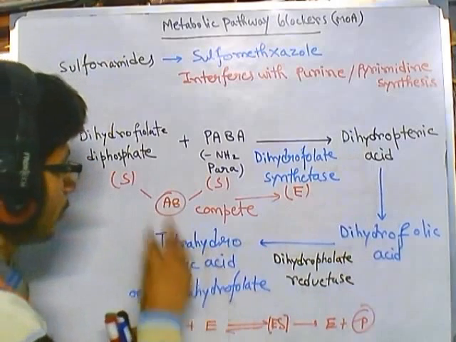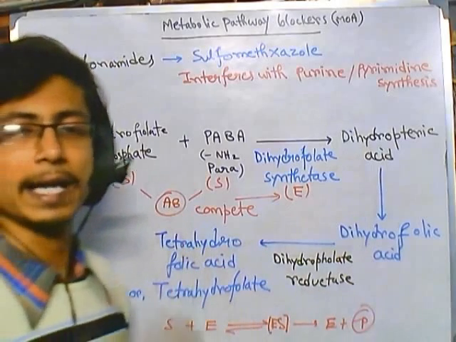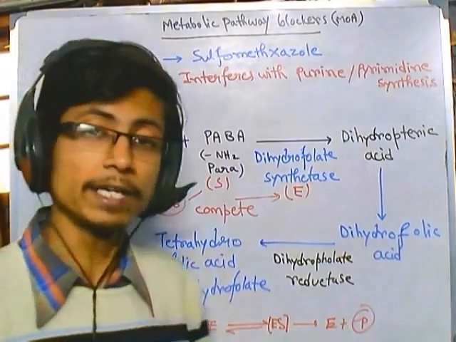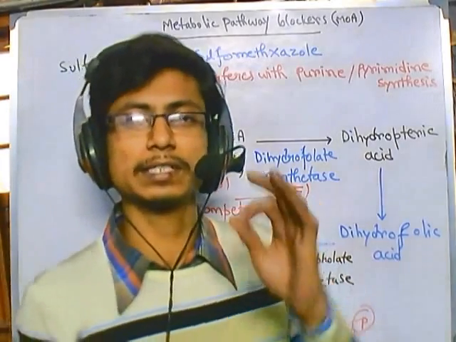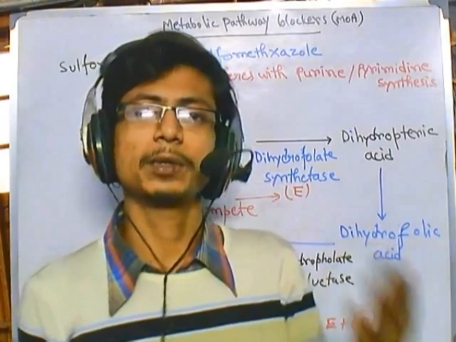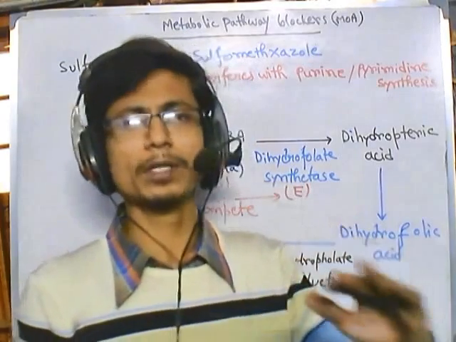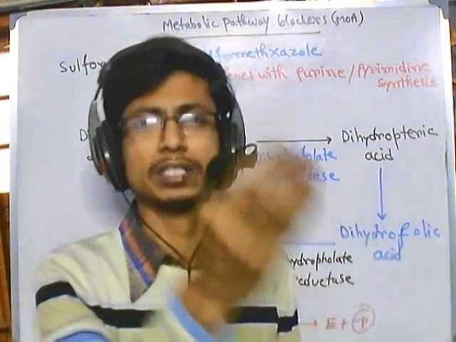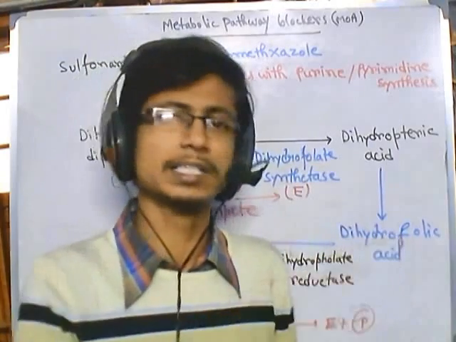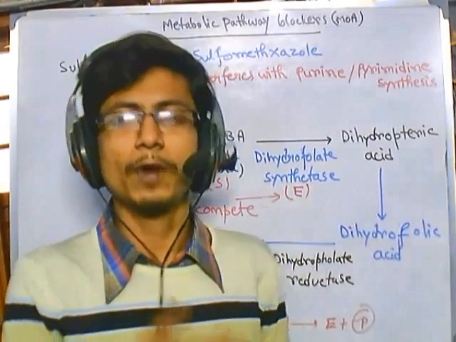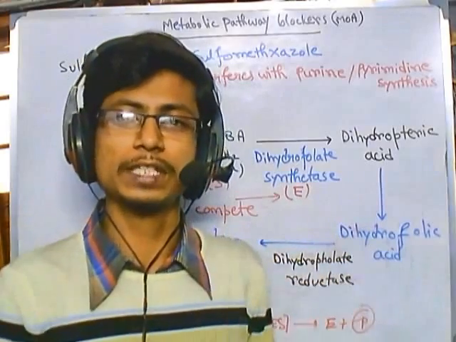As a result, there will be very little tetrahydrofolate, and as a result of that, there will be no purine or pyrimidine synthesis. And if there is less purine or pyrimidine synthesis inside a cell, there will be fewer nucleotides. Remember, in DNA replication, transcription and translation, in all these cases we require dNTPs, we require nucleotides for the synthesis of DNA or RNA.